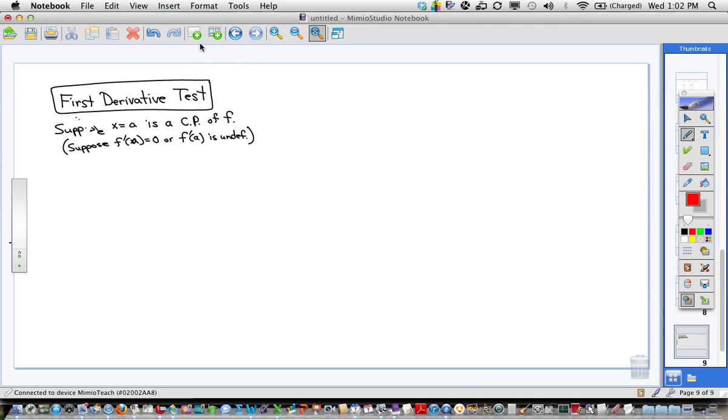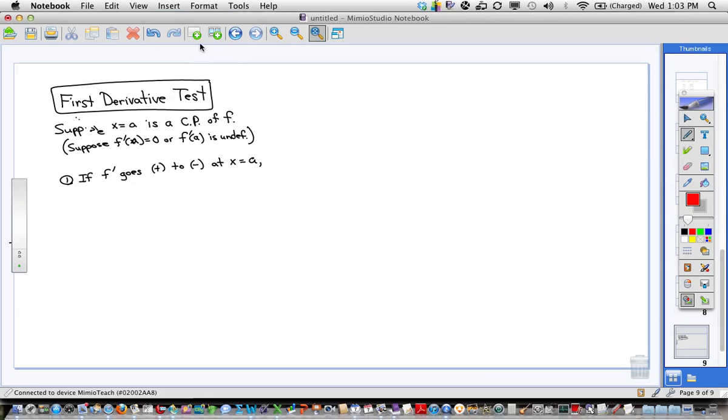Now we want to test to see if they're local maxes and mins. Well, there's two situations. If, and I'm going to put this in a little easier language than what they have, if f prime goes positive to negative at x equals a.